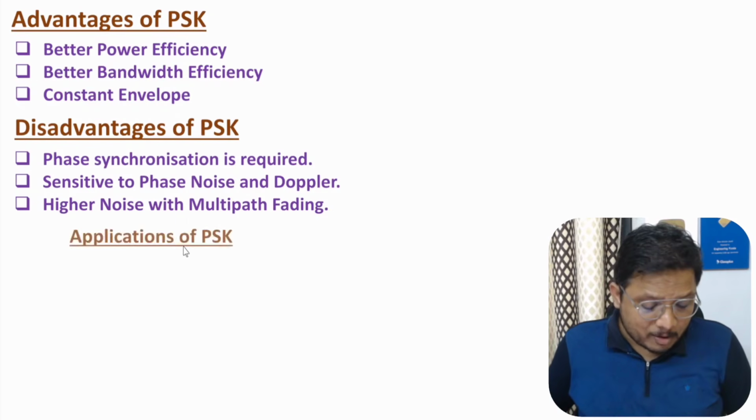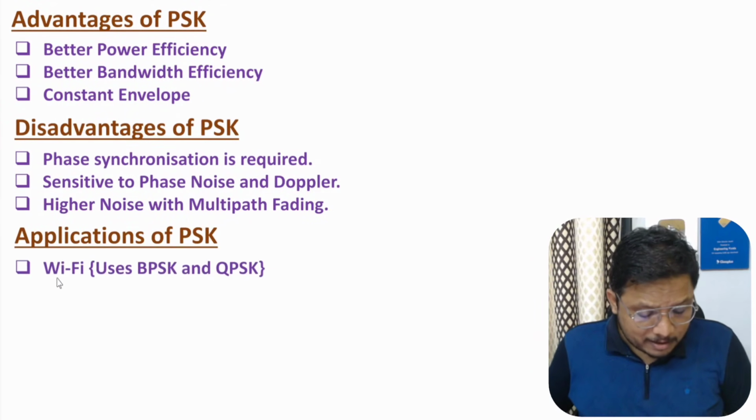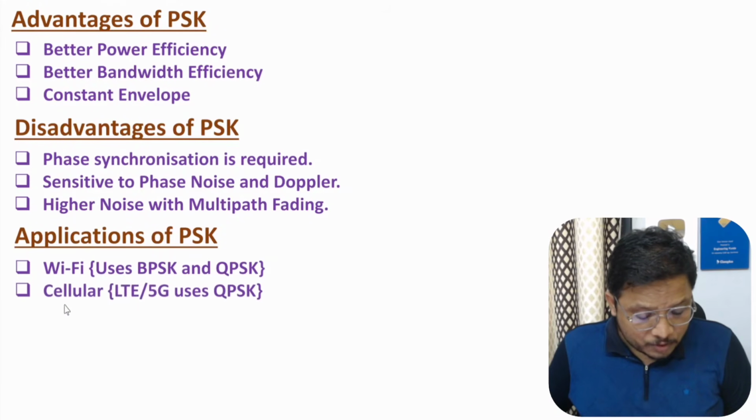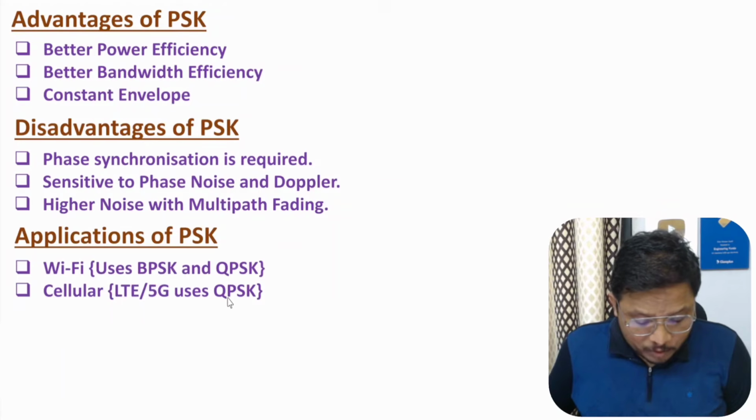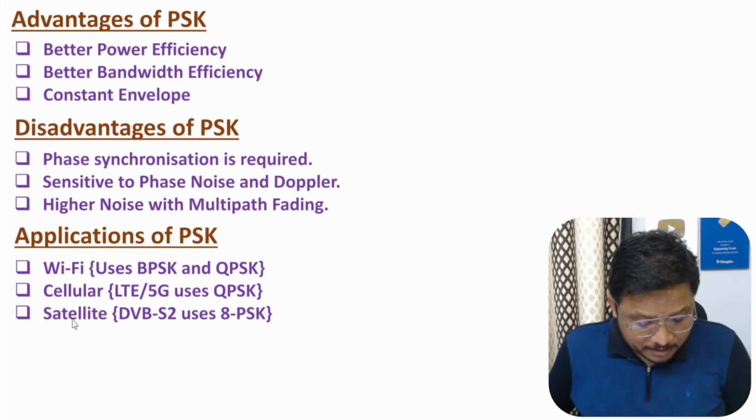Now let me discuss applications. We can use it in Wi-Fi; nowadays we use BPSK and QPSK with Wi-Fi. It is also used in cellular networks with LTE and 5G, where we have QPSK. It is also used in satellite communication; with DVB-S2, we use 8PSK.